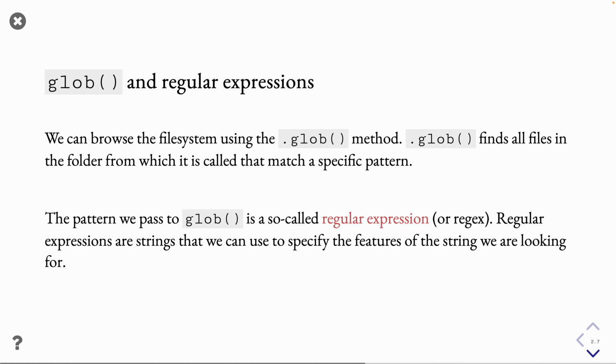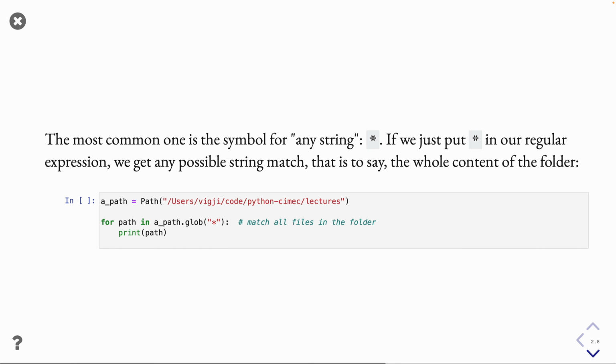So we have a method for browsing the file system, and this method is called .glob. It uses so-called regular expressions to find anything in the file system that matches some search parameters that we specify. So let's unpack this.